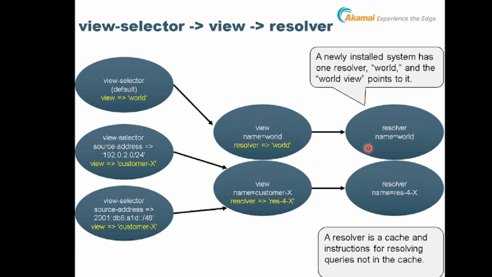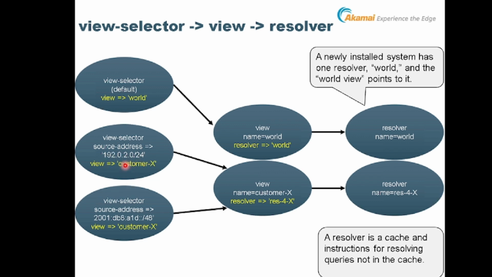So this morning's lab was completely working with this path. Everything was absorbed through the view selector, which pointed it to the world view, which then went to the world resolver. And this is where all the action is. The DNS resolution takes place in here. This other guy here, customer X, all of his queries, how do I know they're his queries?